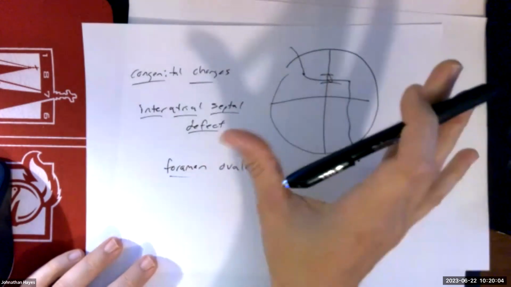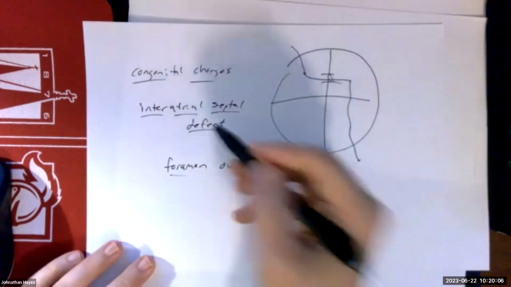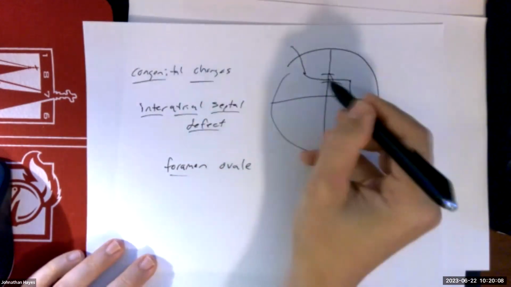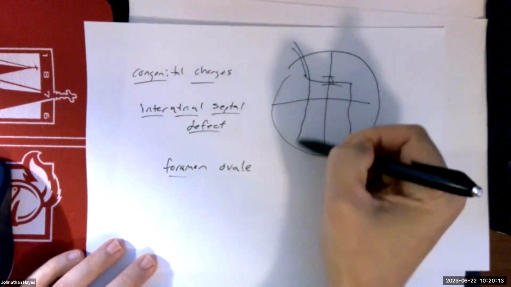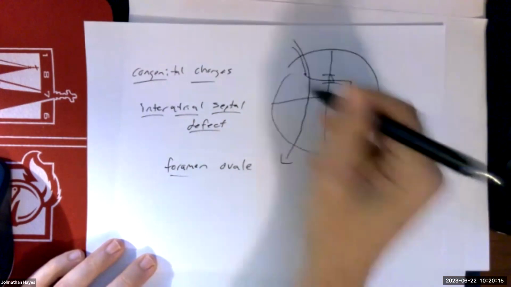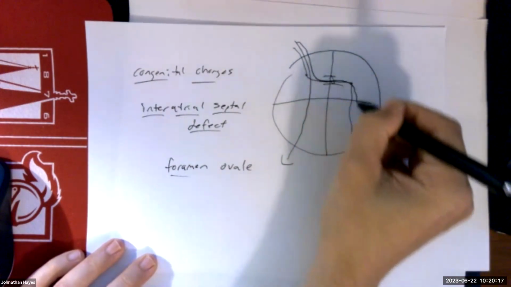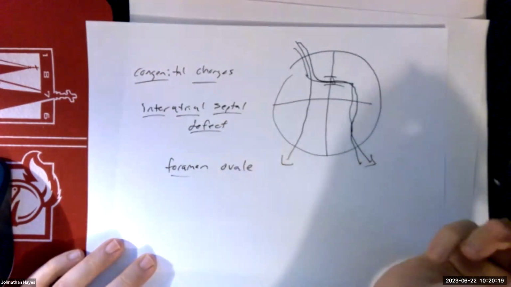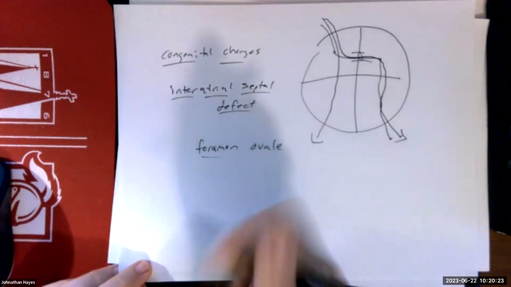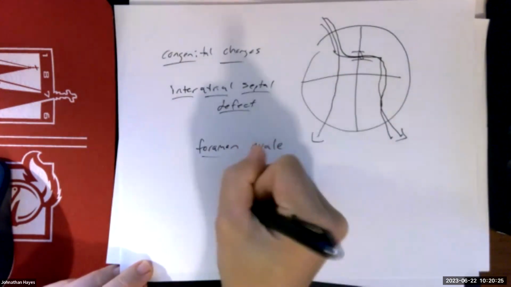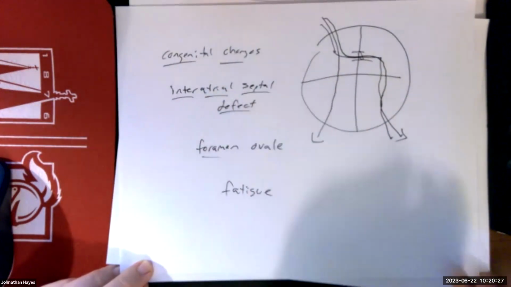Either way, whether it's a patent foramen ovale or an interatrial septal defect, this opening stayed there. So you still will get blood flow going to the lungs, but not all of it. Some of the blood will actually bypass over here and get into systemic circulation. So if a patient has an interatrial septal defect, the most common thing they're going to present with is fatigue.